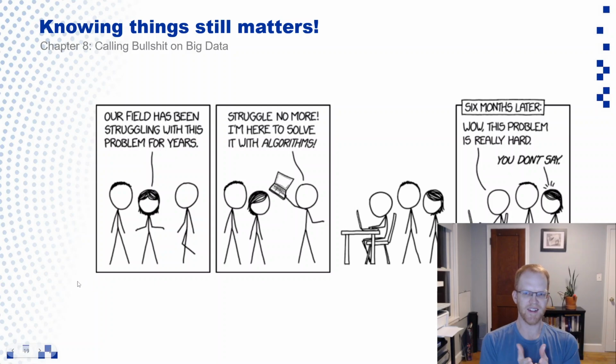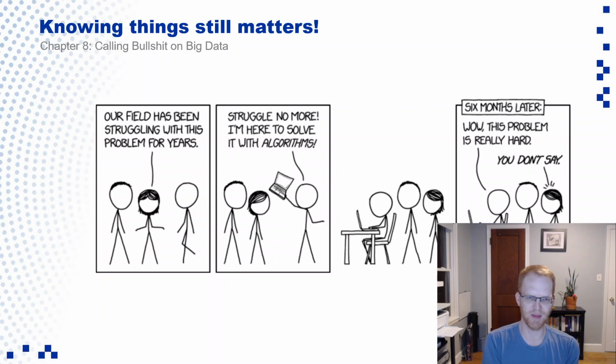And so finally, I just want to say that the upshot of all of this is that knowing things in the classical sense of being experts in your field, knowing something about whatever your paper is on, say immigration or economics, or a specific area of economics preferably, that still matters.